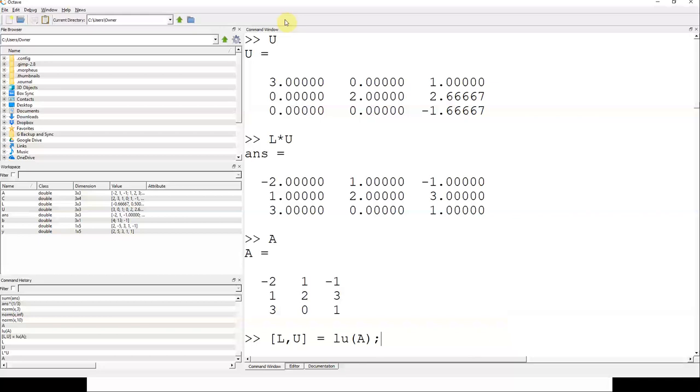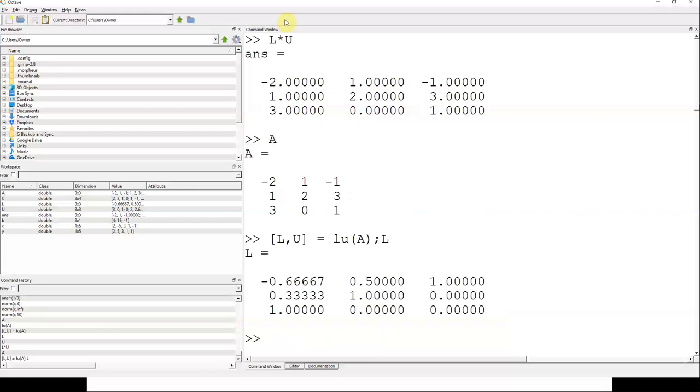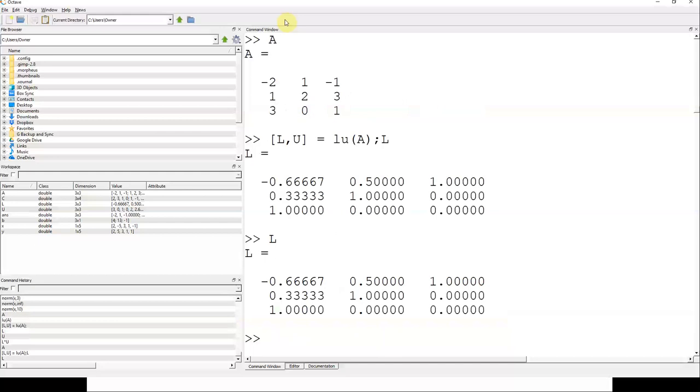While L is called the lower triangular matrix: everything below the diagonal has values, and above the diagonal is equal to zero. So upper or lower, which is just a decomposition.